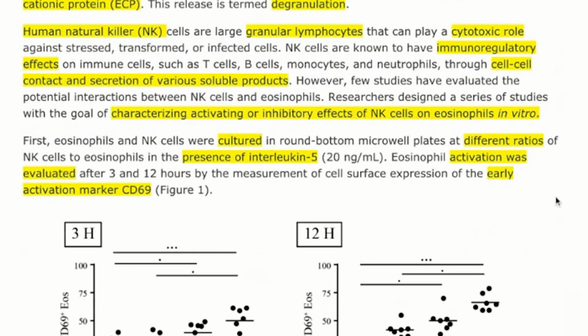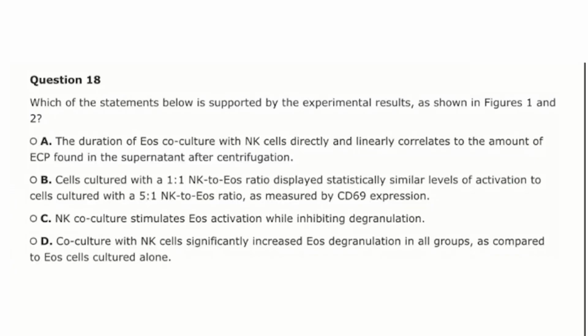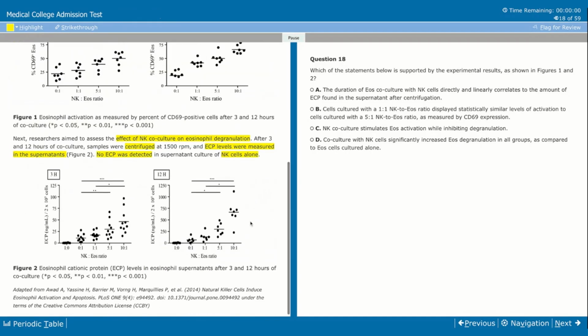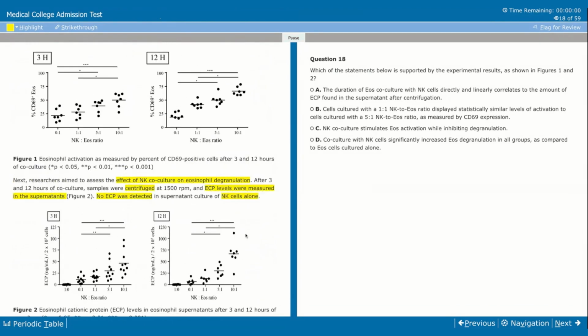Yes. All right. So question 18, which of the statements below is supported by the experimental results, as shown in figures 1 and 2? All right, so I'll just scroll here. So we got figures 1 and 2 showing. If my mouse were to work well, there we go. Answer choice A, the duration of eosinophil co-culture with NK cells directly and linearly correlates to the amount of ECP found in the supernatant after centrifugation.